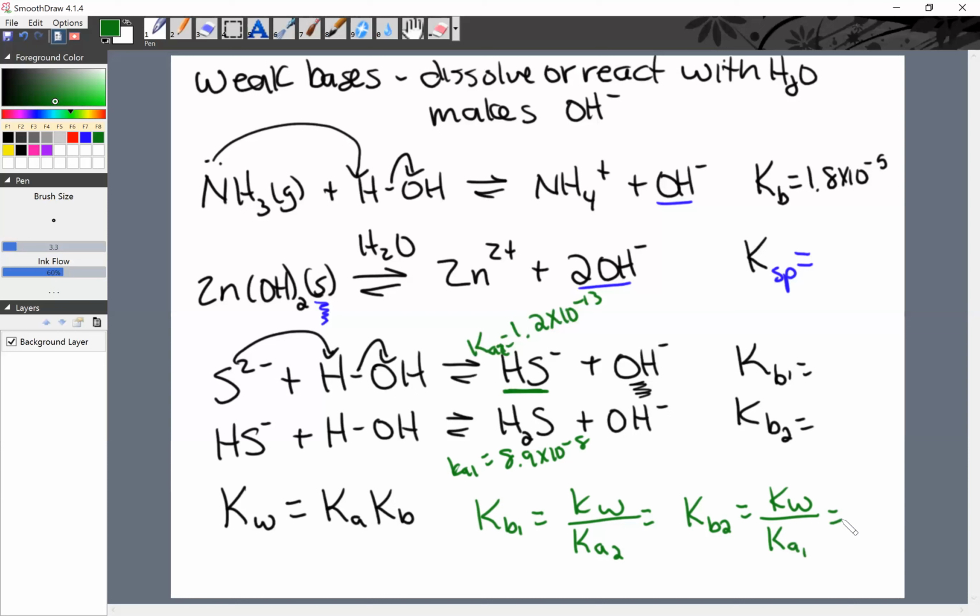And calculator. Ta-da, 1 times 10 to the negative 14th divided by 1.2 times 10 to the negative 13th, and so 8.3 times 10 to the minus 2.